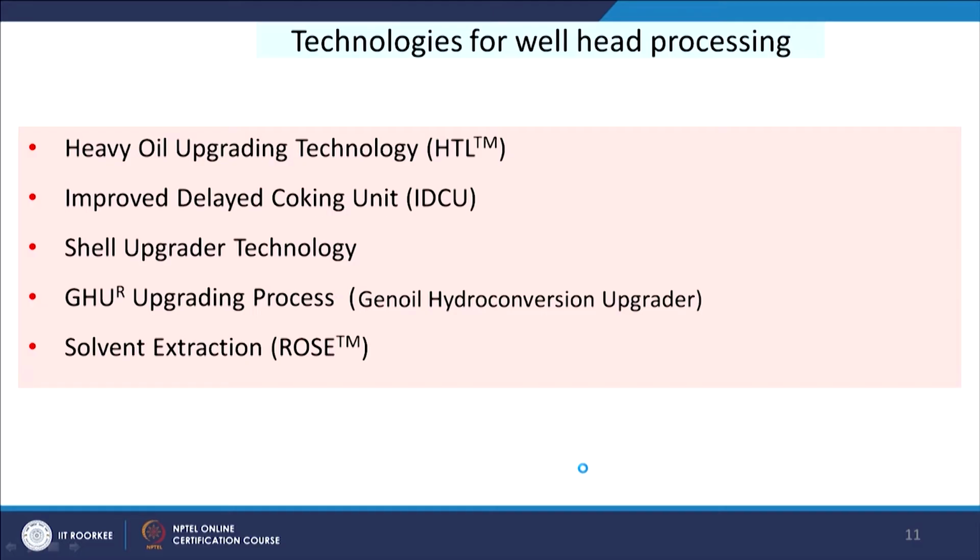We have discussed some of those here, that is heavy oil upgrading technology, HTL, and then improved delayed coking unit, IDCU, and then cell upgrader technology, and GHU upgrading process, that is Genoil hydroconversion upgrader, and solvent extraction, ROSE. Already we have discussed the solvent deasphalting process, the same process, that is ROSE, can be used, the solvent recovery can be done at supercritical condition.